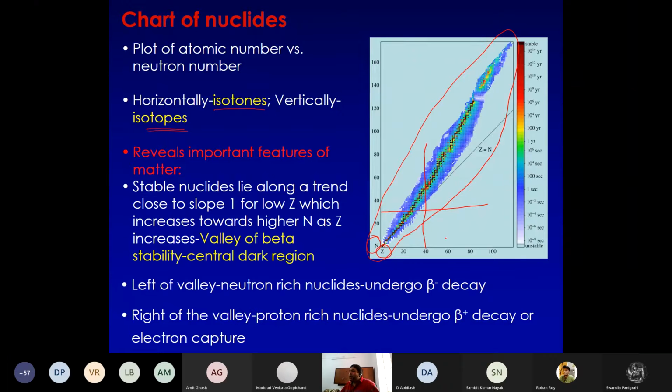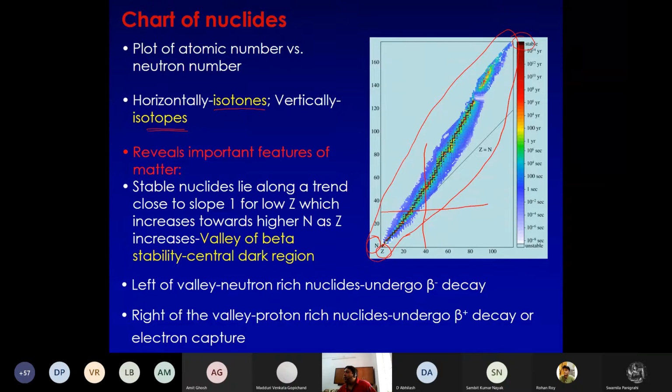This has been color coded depending upon how stable the nuclide is, whether it's stable or unstable, depending upon the time period required for the nuclide to decay. You may have very unstable nuclides, shown in almost white, with very short half-lives. On the other hand, you have these black parts, which are the stable nuclides.